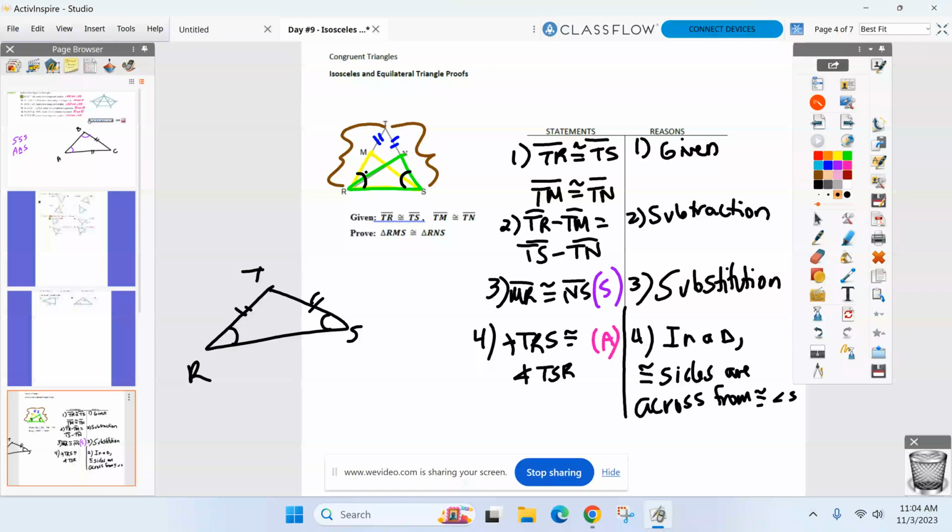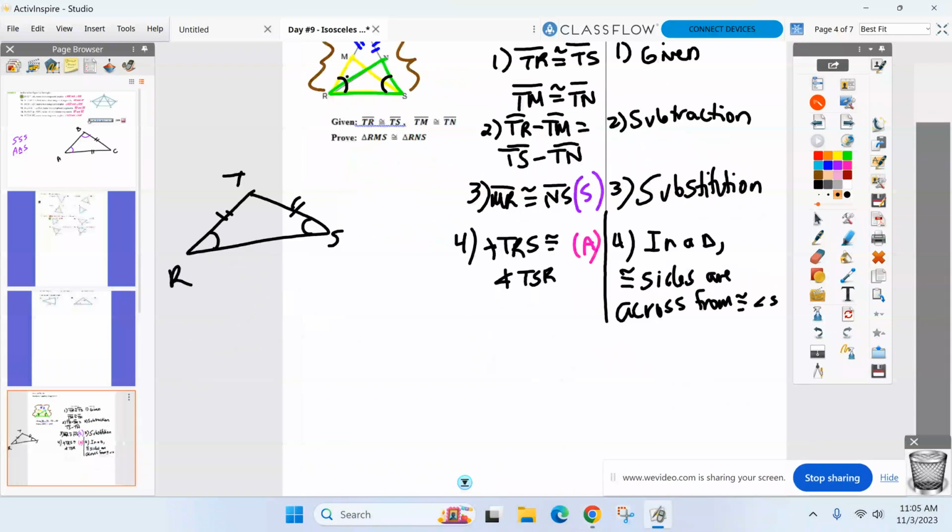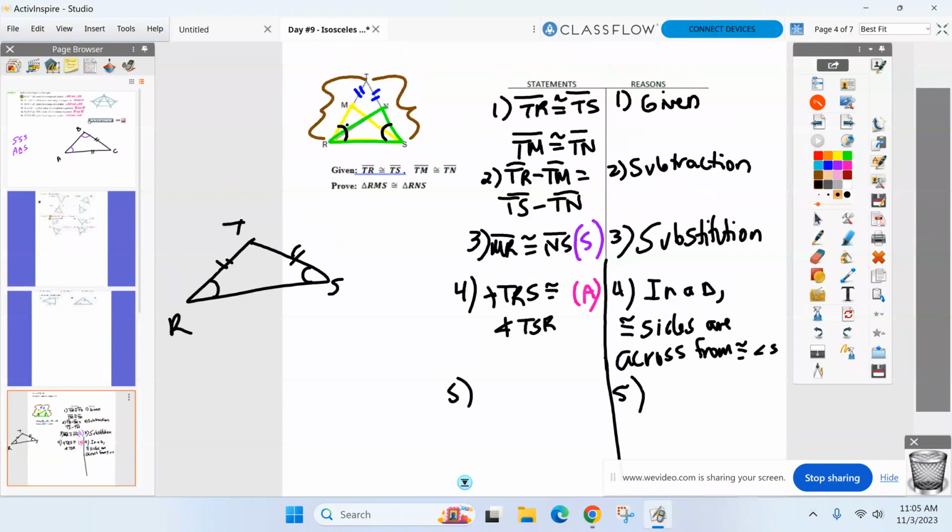Okay, we got a pair of angles now. Got one more pair of something. Focus on the triangles, right? Focus on the, what else can you say here? Focus on the triangles. There's got to be something else here. Look at the triangles only. I need to find another pair of sides or angles.